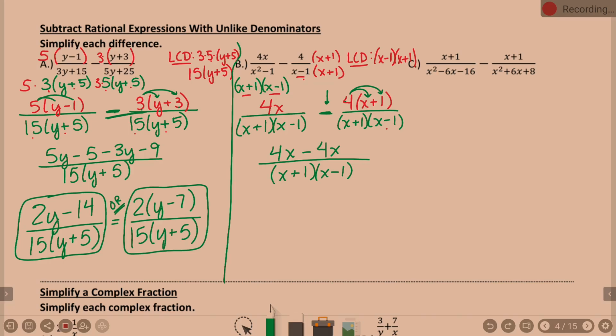Minus 4 times 1 is going to be minus 4. That's the sign you're going to forget if you're going to forget one. The goal is just don't forget one. Okay, what cleans up? 4x minus 4x is gone. Leave me with negative 4 over x plus 1 times x minus 1. Anything cancel, factor? No. Okay.